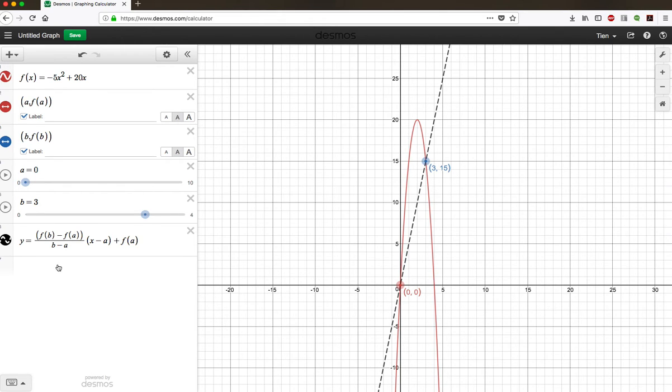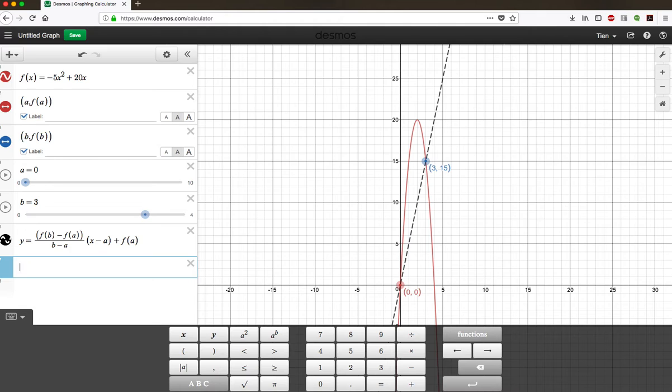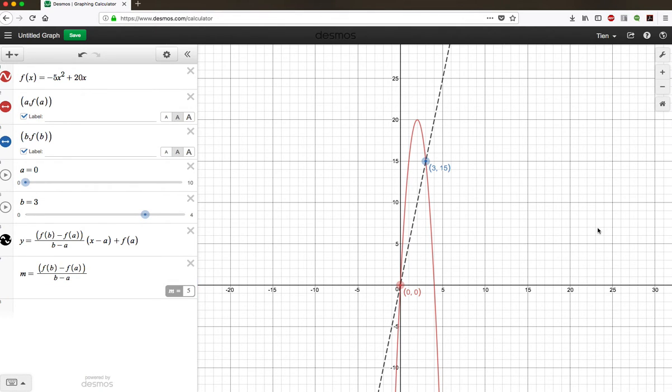This line has a slope of 5. So let me be explicit about that. This thing has a slope of 5, and so over this period of time, on average, the rocket traveled 5 meters per second upwards. That way, after 3 seconds, it travels 15 meters.